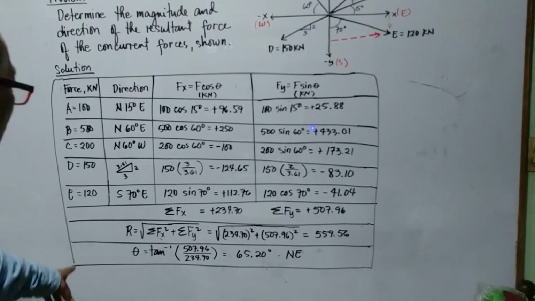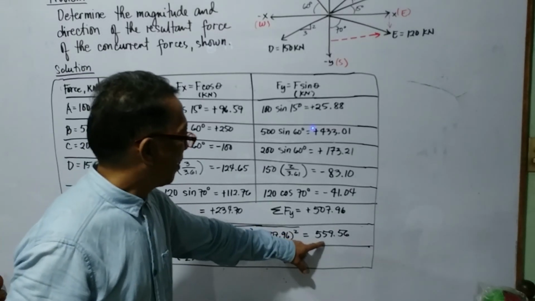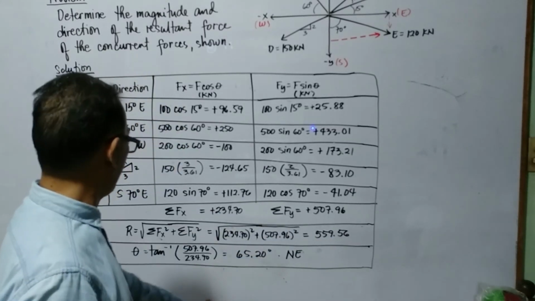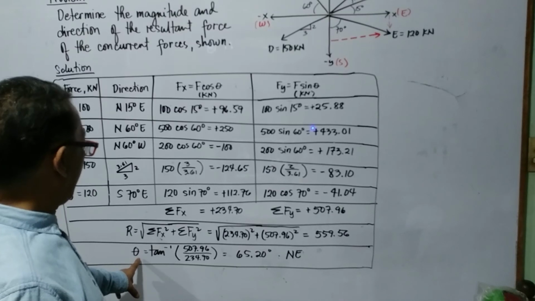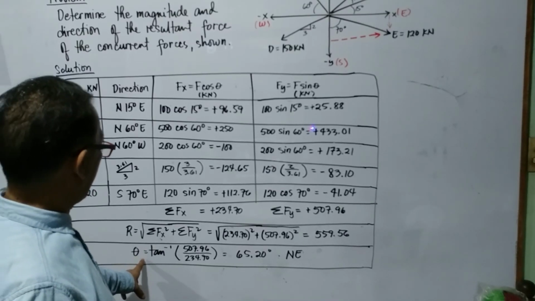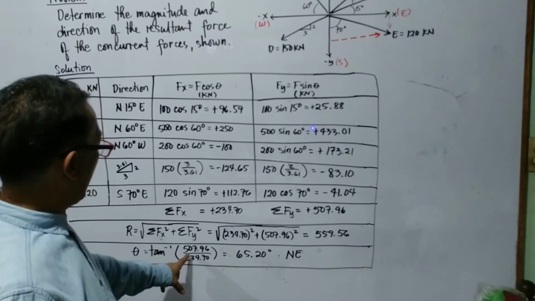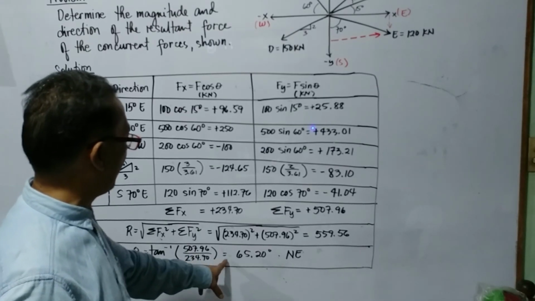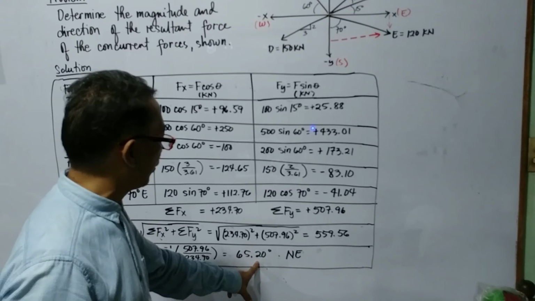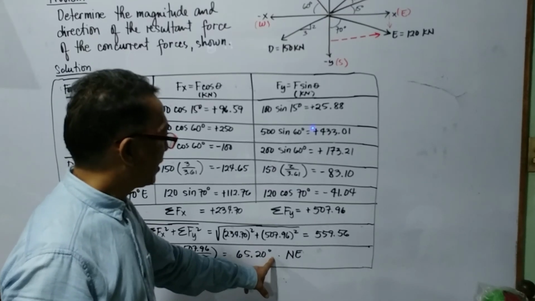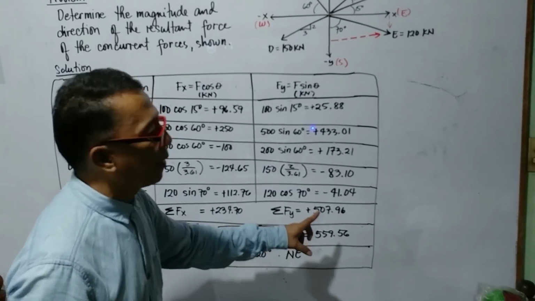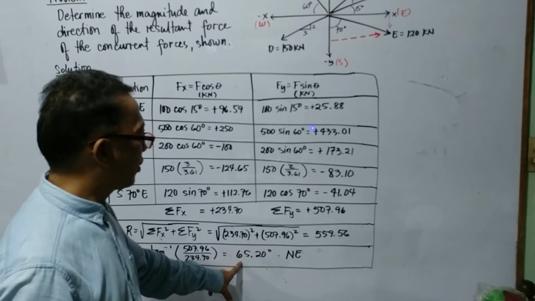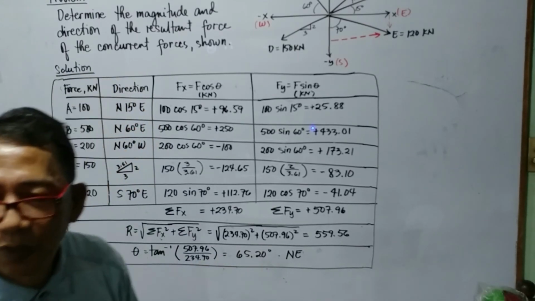So, we have now the resultant equals 559.56 kilonewton, and our direction, our theta, is the arctan of 507.96 divided by 234.7. We have now 65.2 degrees northeast. This means our resultant is in the first quadrant.